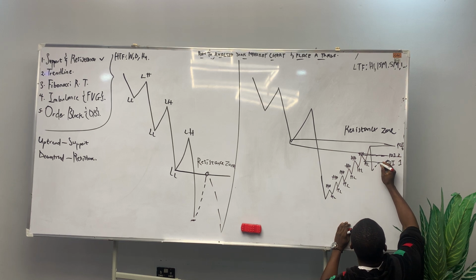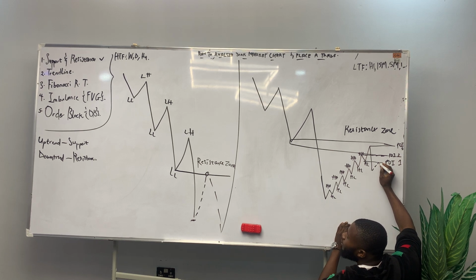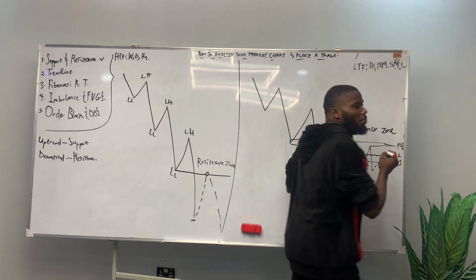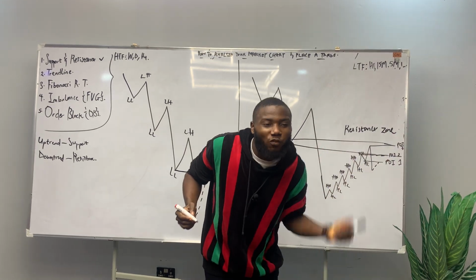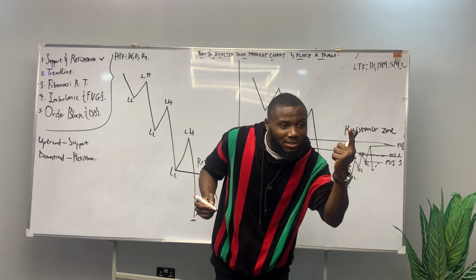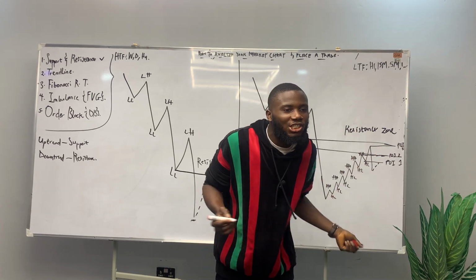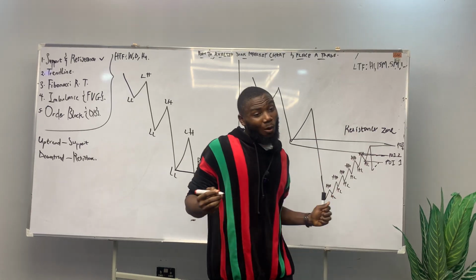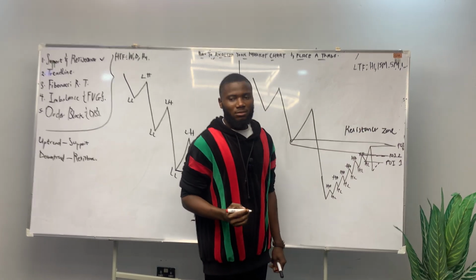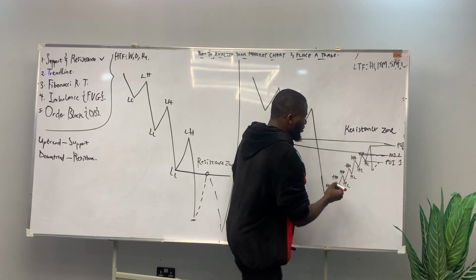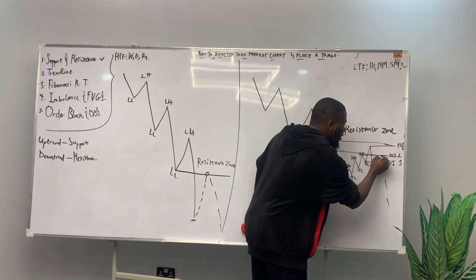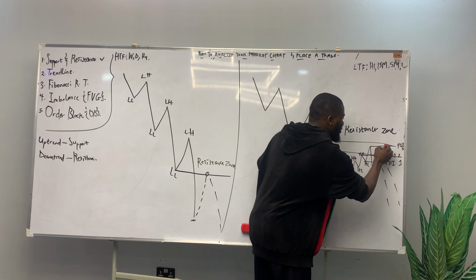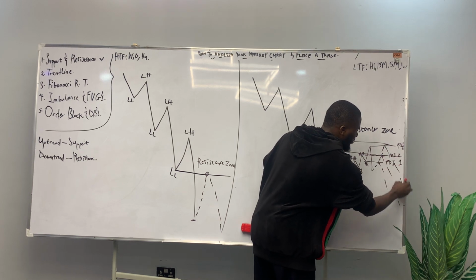So either you wait for it to come here and form a bearish candlestick pattern, like a bearish engulfing bar or a shooting star, which is the bearish form of the hammer or pin bar, or any of those bearish candlestick patterns, before you now enter the market. Do you get? So you can come here and sell, or it comes here and sell, or it comes here and sell.